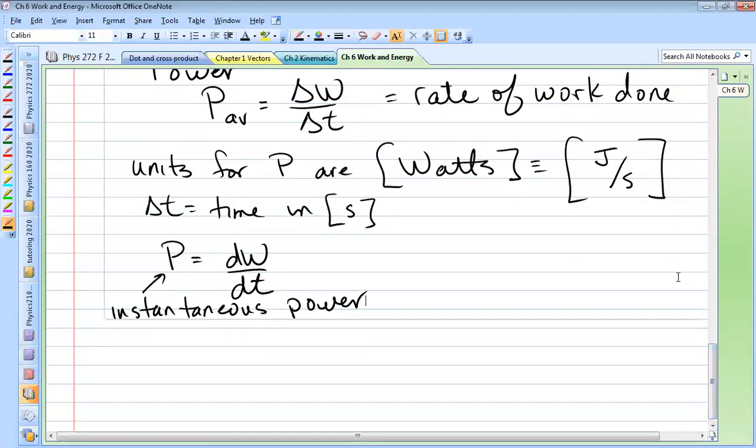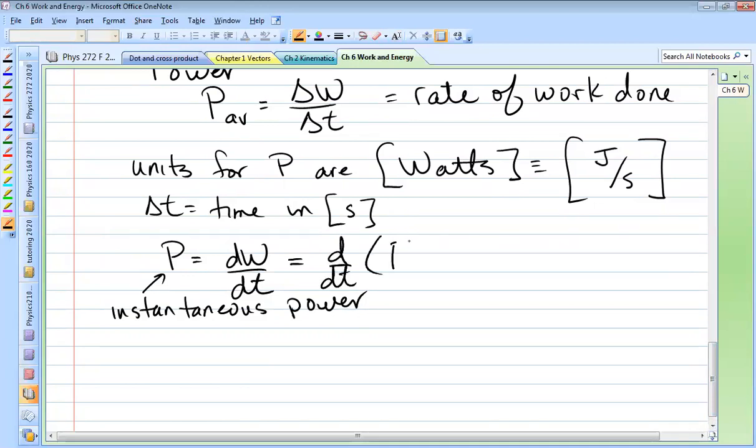Now, you can see where we get this last equation on this formula sheet. If I put that the work is the force dot displacement, and if I take out, remember it's an instantaneous force, so force is constant over this particular instant.